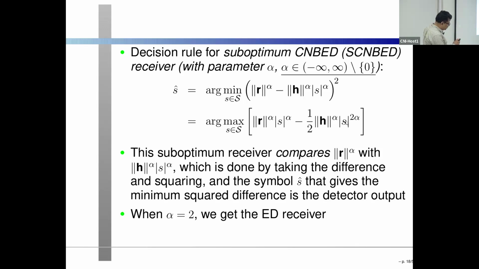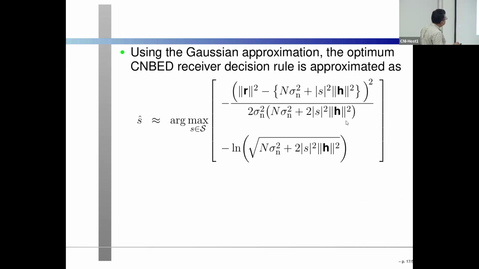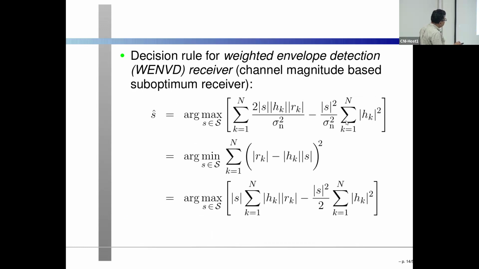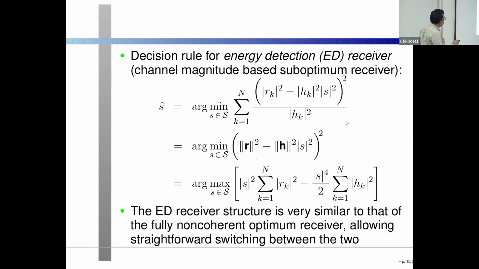So it actually satisfies both: it is a channel norm based receiver as well as a channel magnitude based receiver. It depends on how you implement it. If you implement it in this form, it is obviously a channel magnitude based receiver. If you implement it in this form, it is a channel norm based receiver, or in this form. You could implement it like this also without even simplification. It will work.